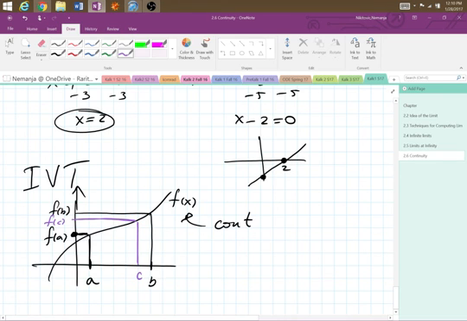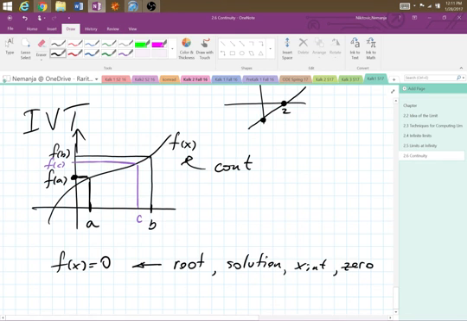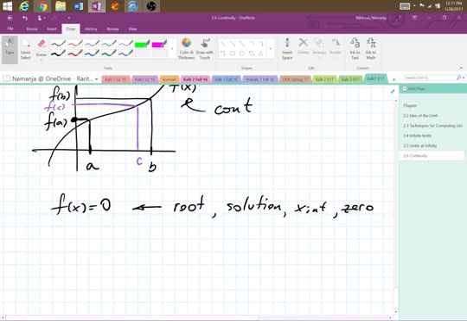Now, why is this important? As I said, we don't use it anymore for any kind of calculations, but it's important for solving equations to understand what that means. Because we know that if you have f of x equal to 0, that's the root, also known as a solution, x-intercept, or zero, all of these words that you learn in pre-calculus.